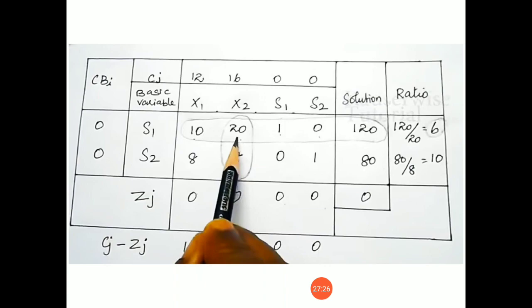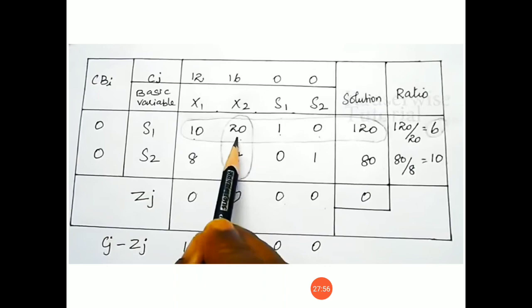Again, I am repeating what I am doing here from the initial simplex table as it is shown in this slide. From the initial simplex table, I will be dividing the old elements by the key element to get the elements for the iteration table 1. So here the key element is 20 and the elements of the row corresponding to S1 are 10, 20, 1, 0, 120.